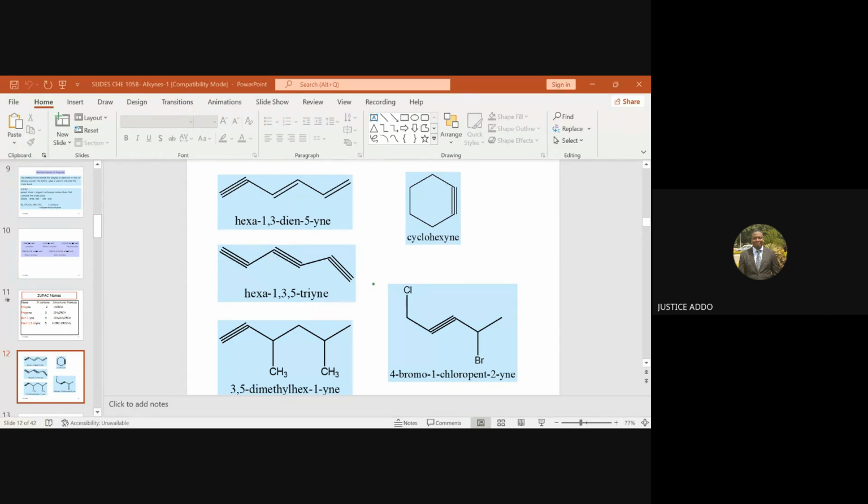This is a special case. So where you are getting the same numbering from both sides, IUPAC says that when you are confronted with something like this, give the lowest number to the double bond, even though you are going to name the compound as an alkyne. So it's just a special instance. But apart from that, always make sure that the triple bond is given the least number. This is a special case where we're getting the same numbering.